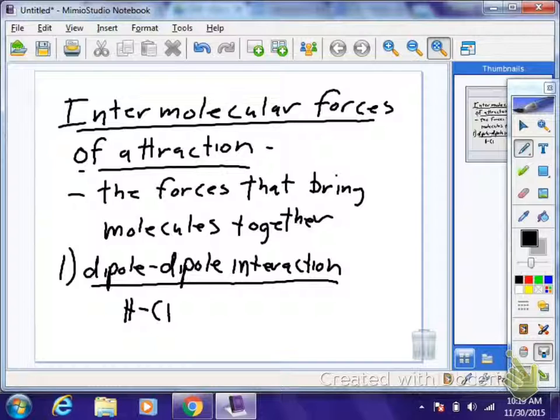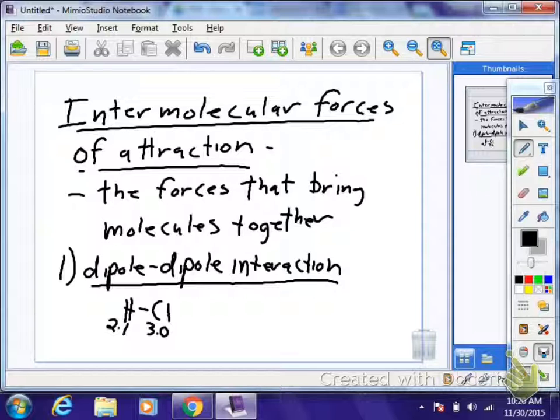So I'm just going to put 2.1, and this is an electronegativity of 3. Which of those two will have a greater pull on that electron, chlorine or hydrogen?